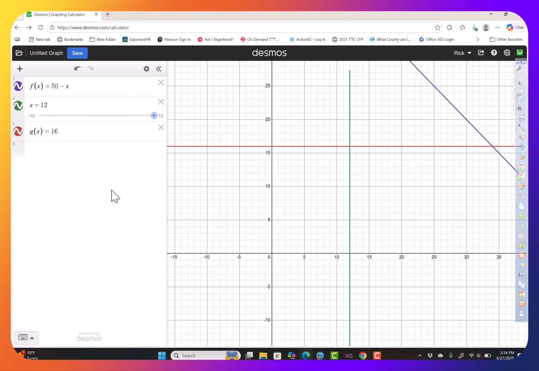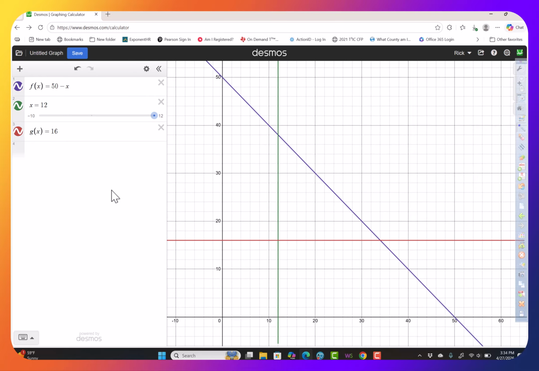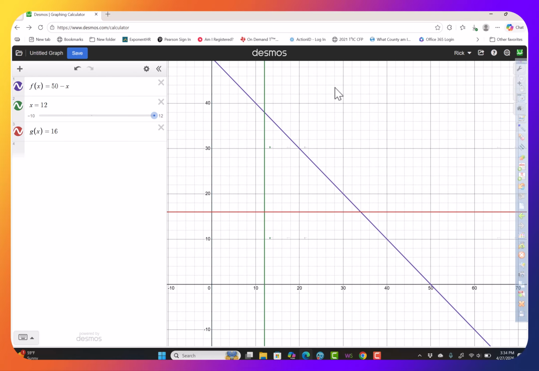Here we can just drag and pinch the screen. This is our feasible region, and if we click on the intersections, Desmos will label them for us.